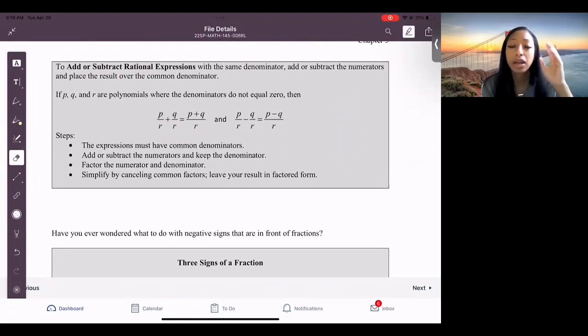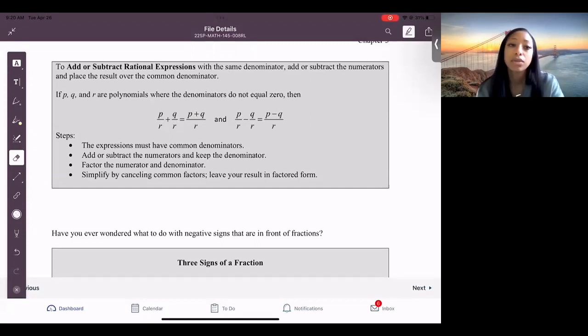If they do, we can add or subtract them by adding or subtracting the numerators, and you keep the common denominator. After adding or subtracting, we then want to try to factor and simplify if possible.